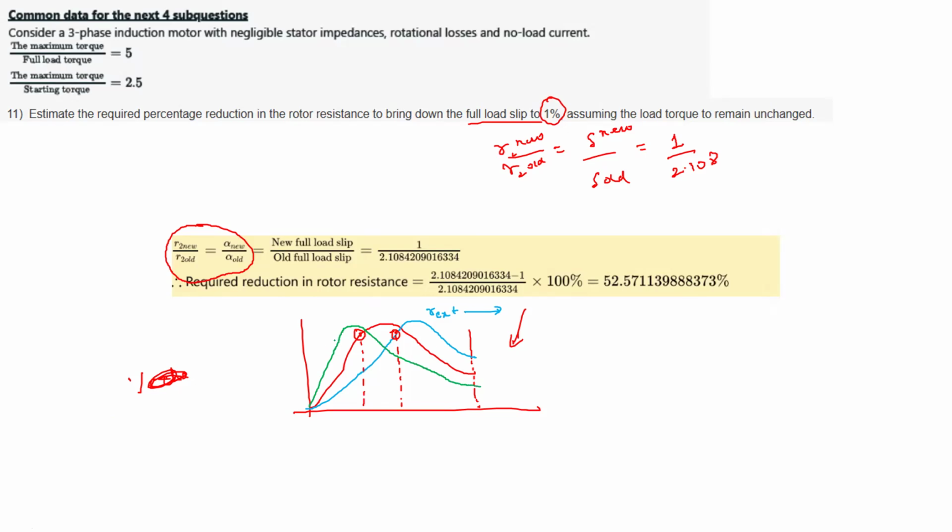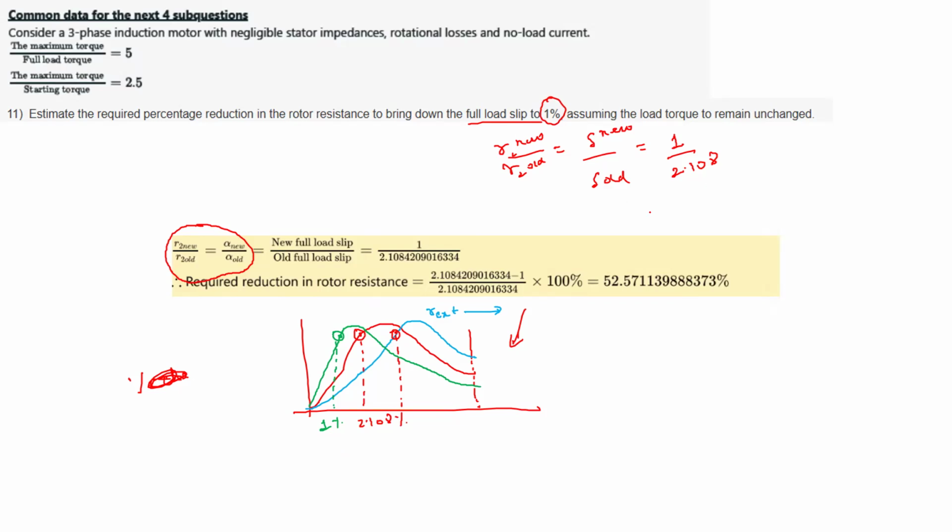So let us say this is 1%, and this was 2.108%. They're asking how much the rotor resistance has to be reduced, because we know that if the slip has to reduce, then rotor resistance has to reduce. So by what factor the rotor resistance has to reduce such that the slip reduced from 2.108% to 1%. So this will be the ratio.